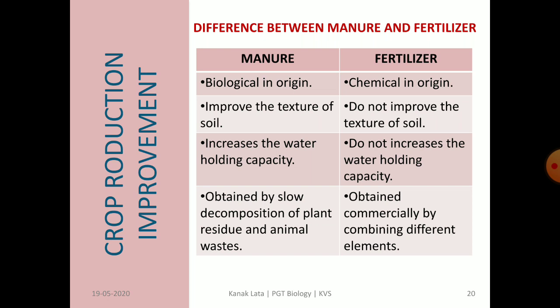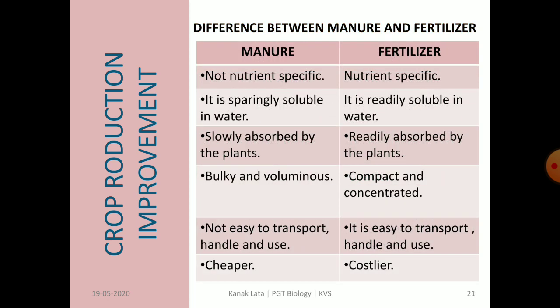Manure is obtained by slow decomposition of plant residue and animal waste, whereas fertilizer is obtained commercially by combining different elements. Manure is not nutrient specific, whereas fertilizer is nutrient specific. This is one of the advantages of fertilizer.